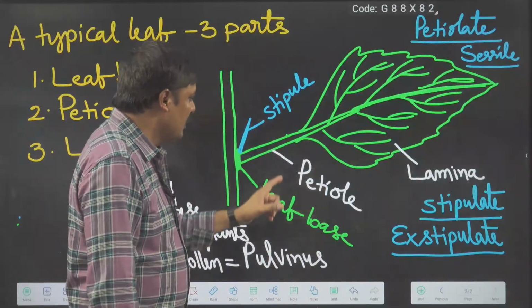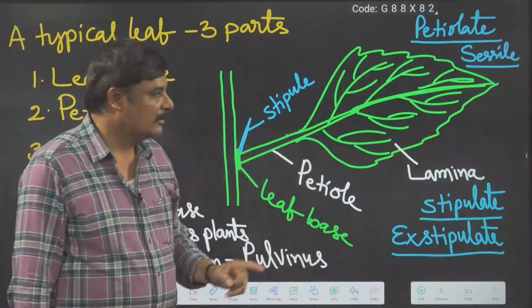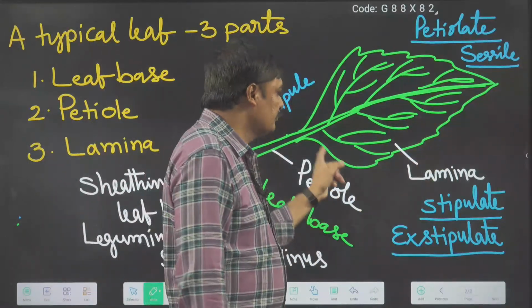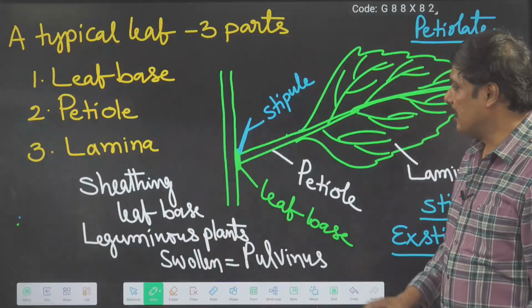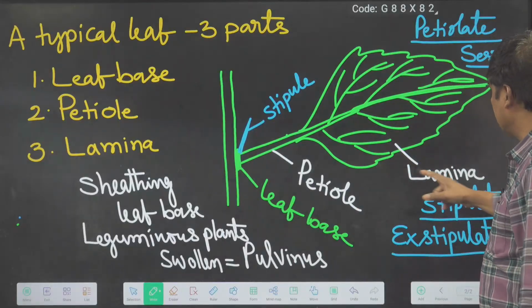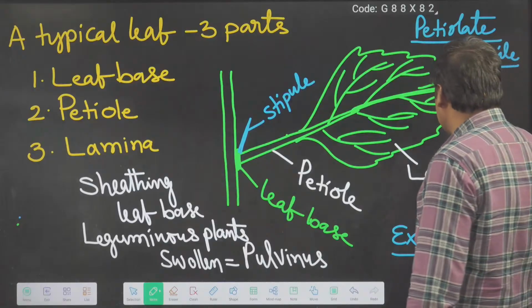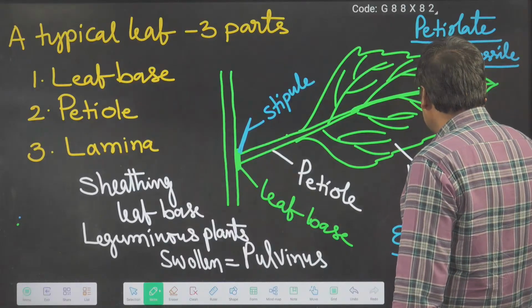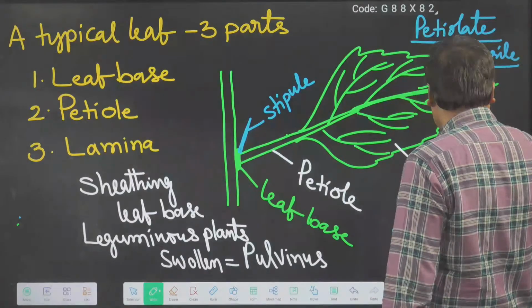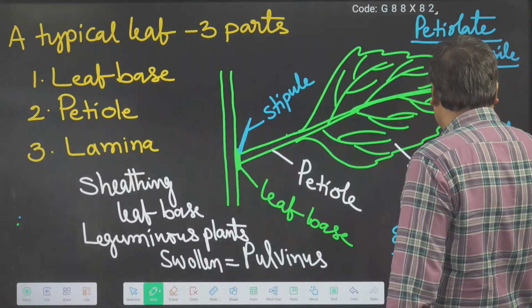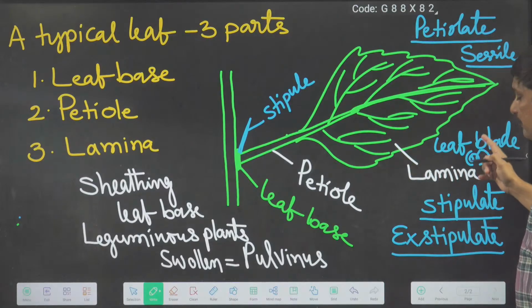Next, the terminal part of the petiole contains lamina. This is the lamina. Lamina is also called leaf blade.